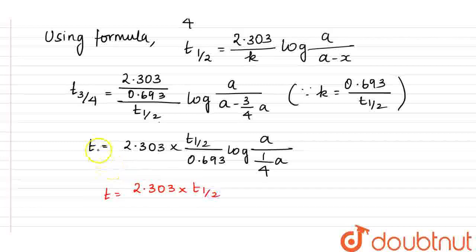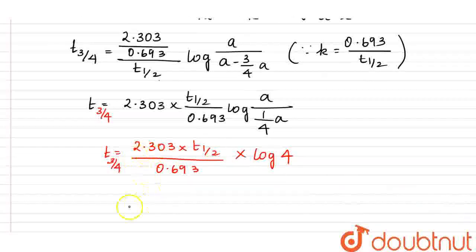That is T3 by 4, because we are finding for 3 by 4 of phosphine. So 2.303 into T half divided by 0.693 into log of 4. A cancels, so log of 4.